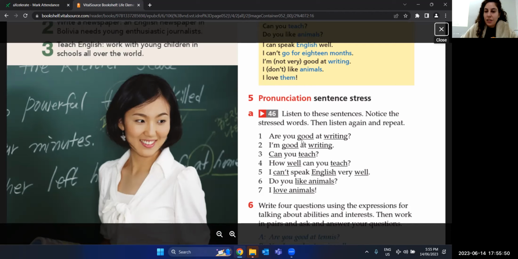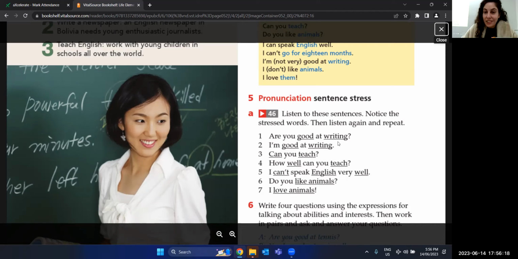So I'm going to play the audio, but have a listen to how the underlined words are said with more energy. It's not just, are you good at writing? It's, are you good at writing? There's a bit of a difference in how I say it. I just put more stress onto these words. I'll do the second one. I'm good at writing.